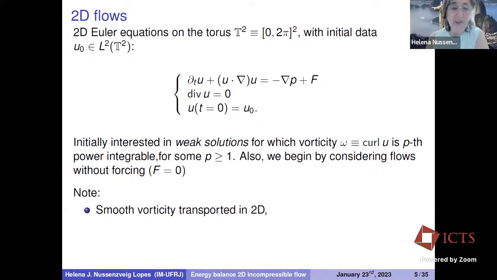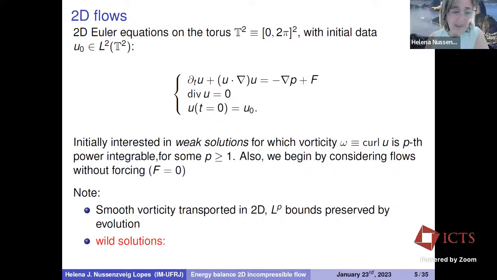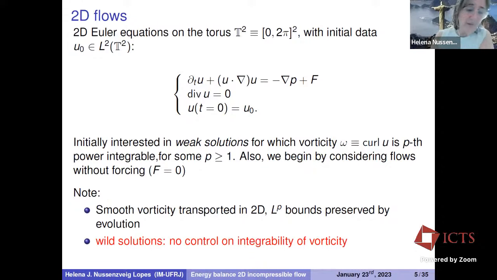So note, smooth vorticity is transported in 2D, so LP bounds are preserved by the evolution. LP bounds meaning the integral of the pth power of the vorticity. And wild solutions have no control on integrability of vorticity. So I'm going to be contrasting the situation with wild solutions.